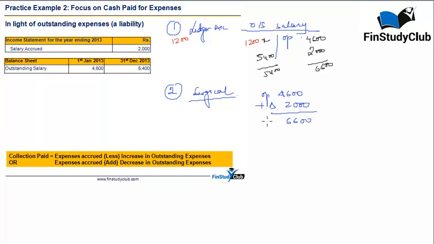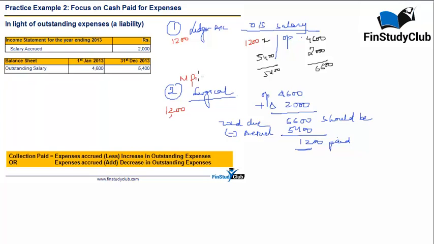So my total due should be 6600, whereas my actual is only 5400 in my balance sheet, which is possible only when I would have paid 1200. As you see, my answer again is coming out to be 1200. This is the most preferable method in that sense.